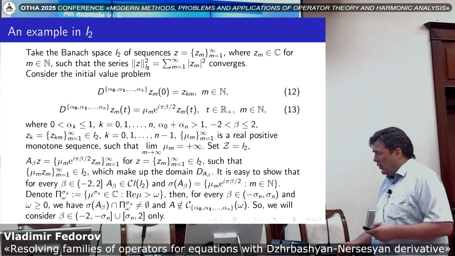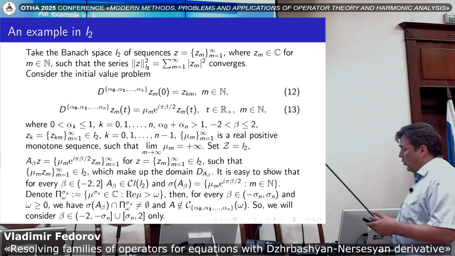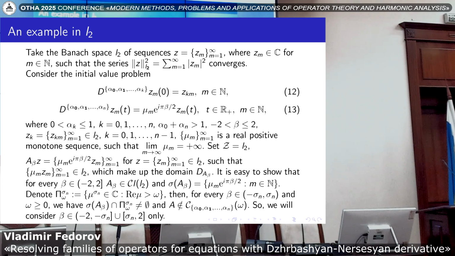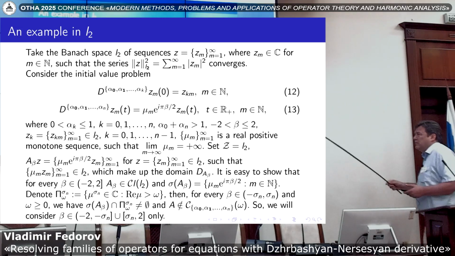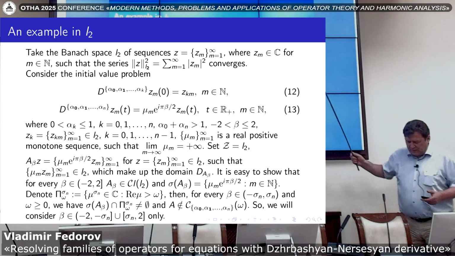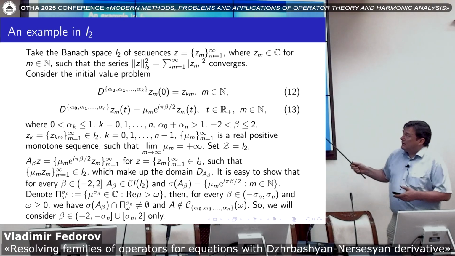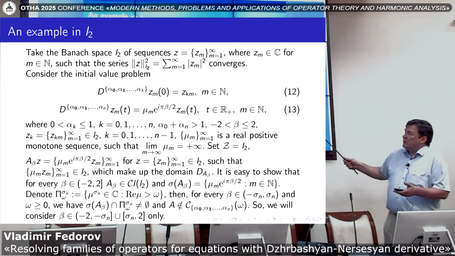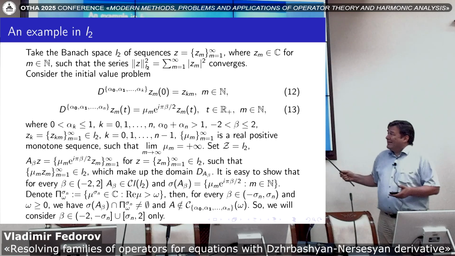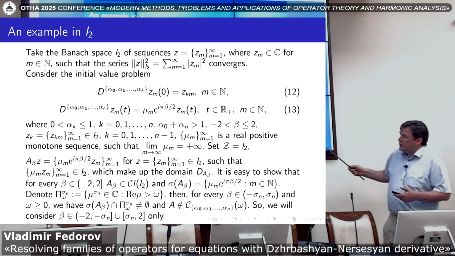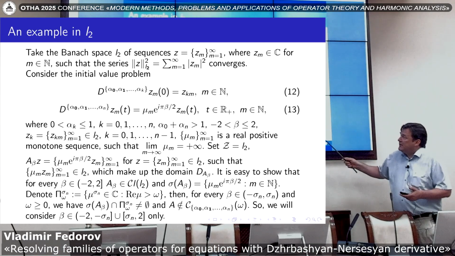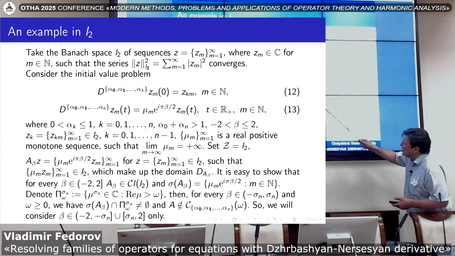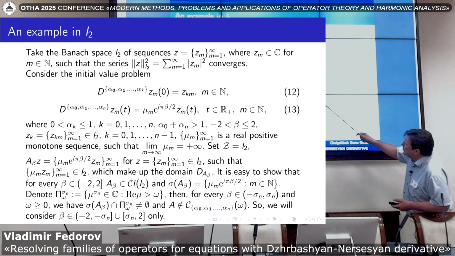And an example where we can consider all the cases is the initial value problem for this equation in the space of sequences l2, but it can be considered as a sequence of initial value problems. Here we can easily find the spectrum of the operator A for various values of the parameter beta.